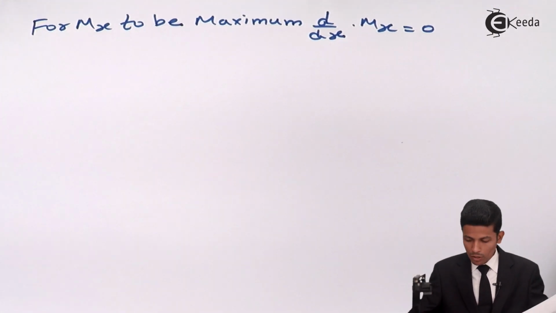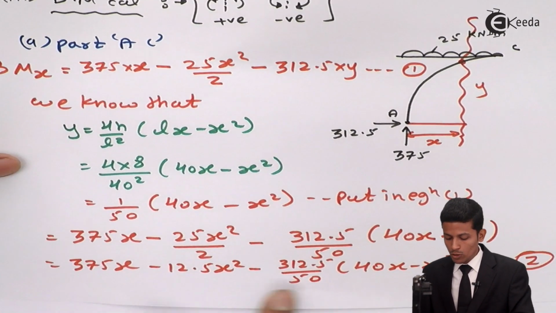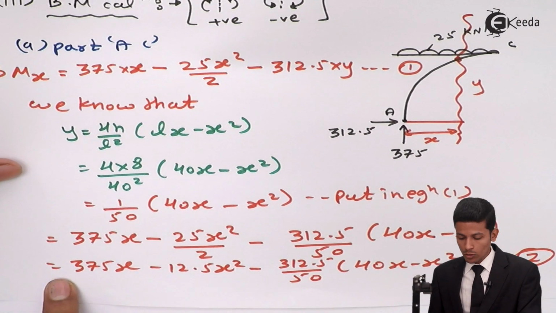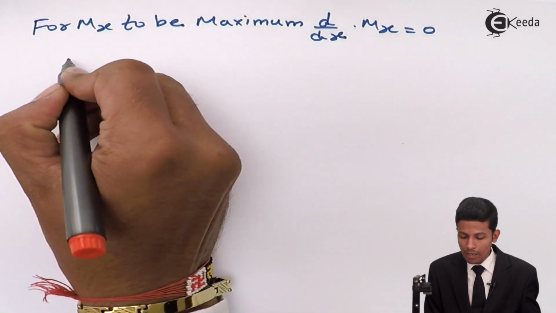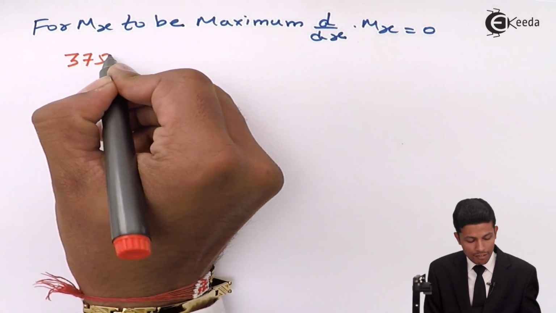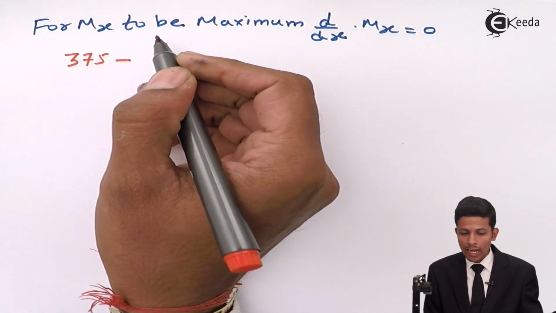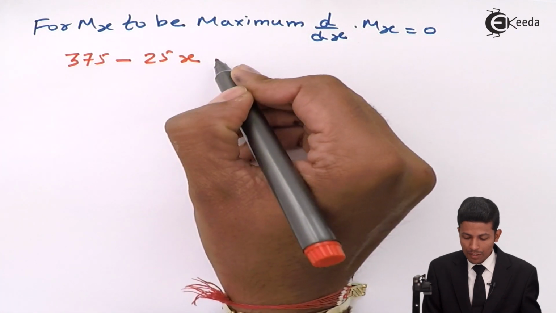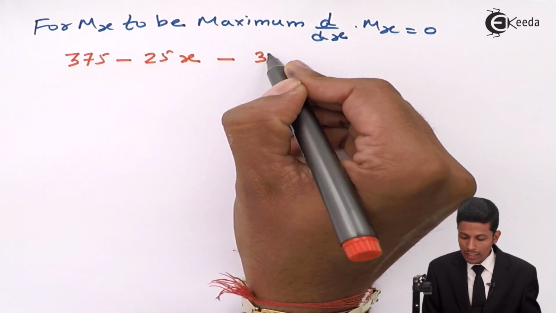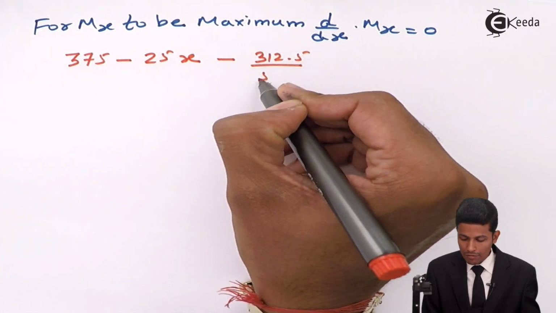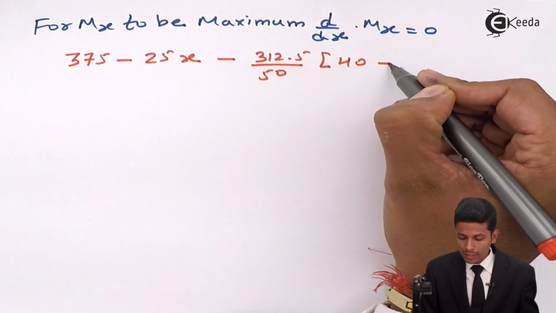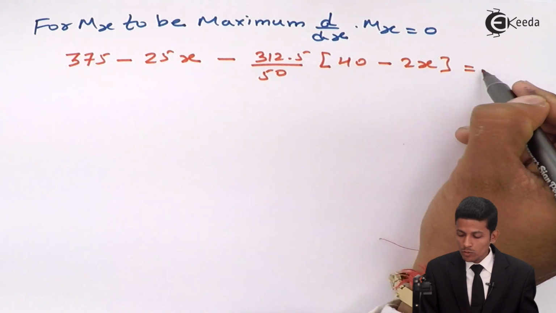The Mx equation is this one, equation number 2. So we have to write the derivative of this part. 375x derivative will be 375, after that minus 12.5x square means 25x, minus the same constant value upon 50, 40x will be 40, minus x square will be 2x, is equal to 0.